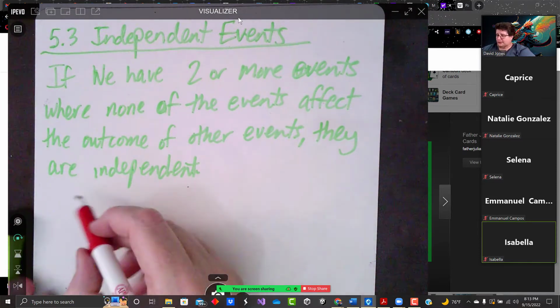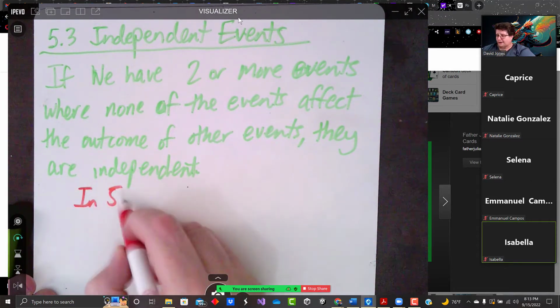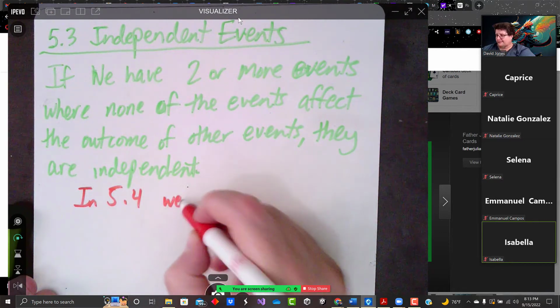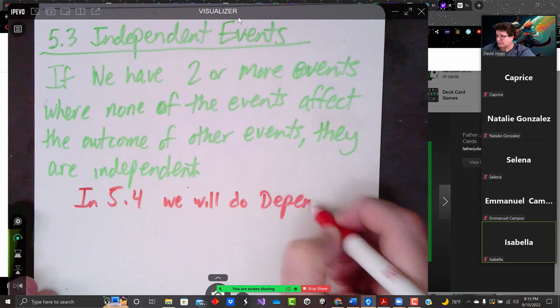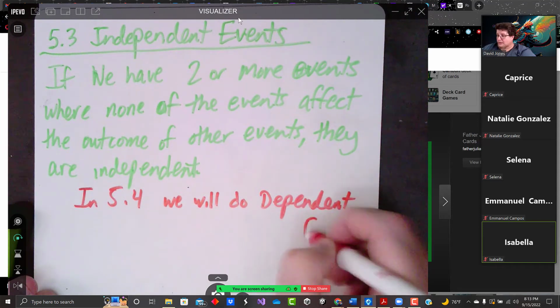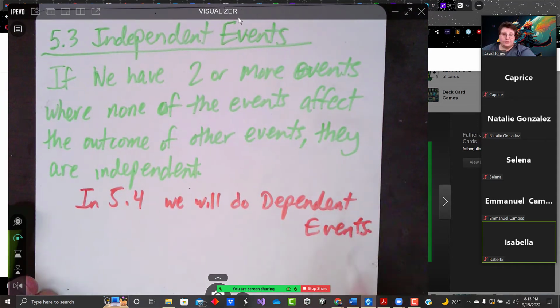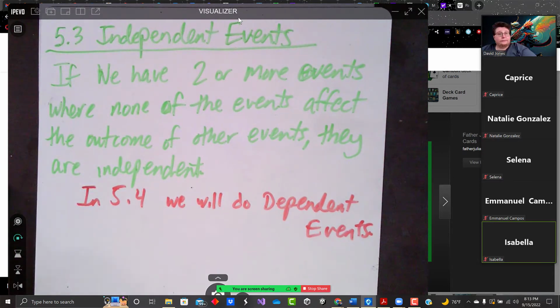And a quick little side blurb. In 5.4, we will do dependent events. So we'll get there. But we're going to start with independent events.